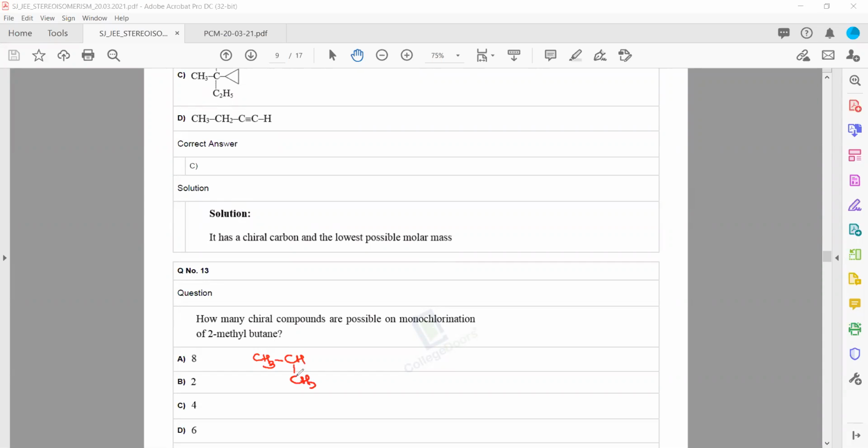See, 2-methyl butane monochlorination means replace one hydrogen by one chlorine. Now how many possible structural isomers can I get? Let's not talk about stereo first. How many structural isomers will we get if I substitute the H by Cl?